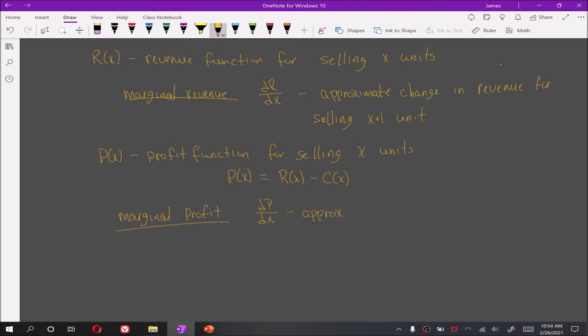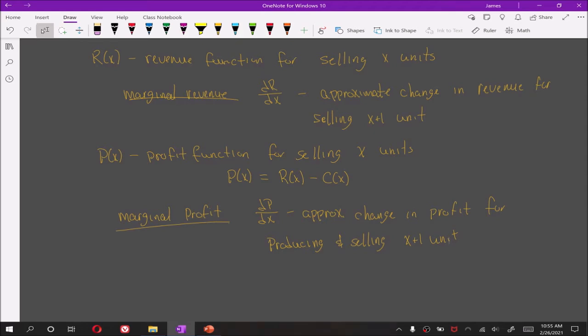And this is an approximate change in profit for producing and selling the x plus 1 unit. So when you're already producing and selling x units, marginal profit will give an approximate change in profit, either gain in profit or loss in profit, for both producing and selling the very next unit.